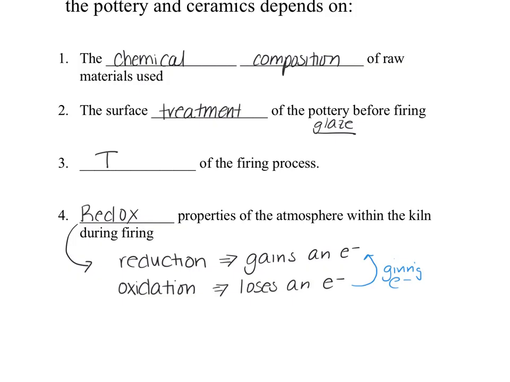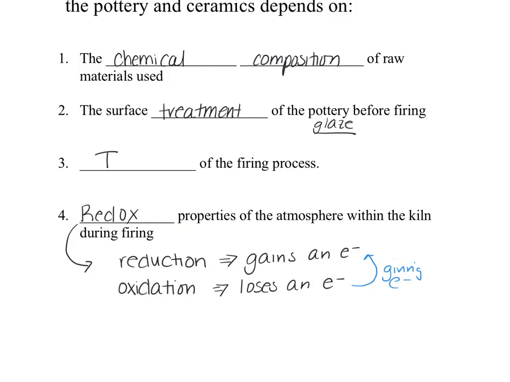So if we think back to, we said, hey, look, if you've got Fe2+ or Fe3+, the color of those ions can be different. Well, what changes those oxidation states or those charges is this transfer of electrons.